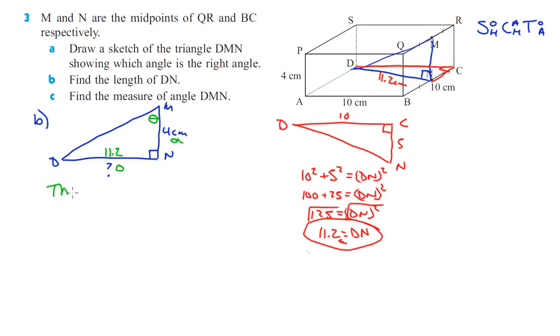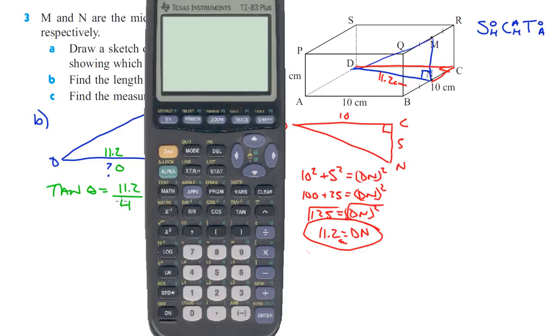So we do tangent theta equals opposite, which is 11.2 over 4, right? So again, if we're looking for an angle, we'd want to do second tangent 11.2 divided by 4.